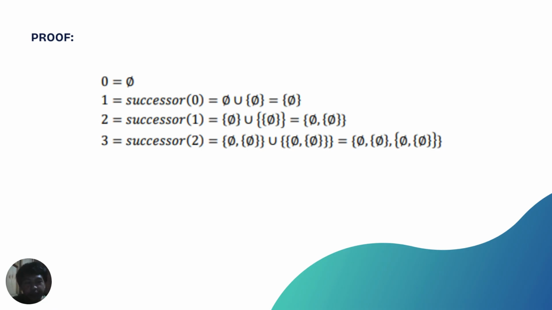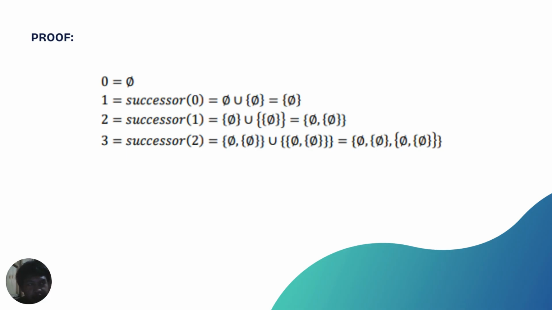In von Neumann construction, by definition, 0 is equal to the empty set. And to get 1, 2, and 3, we need to use the successor.